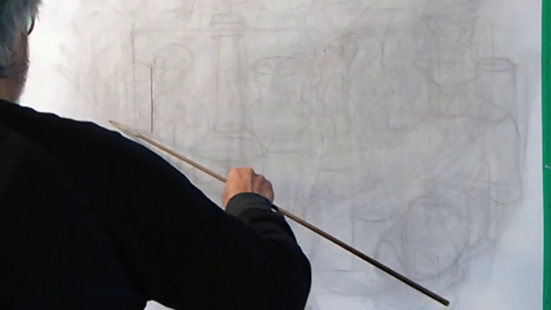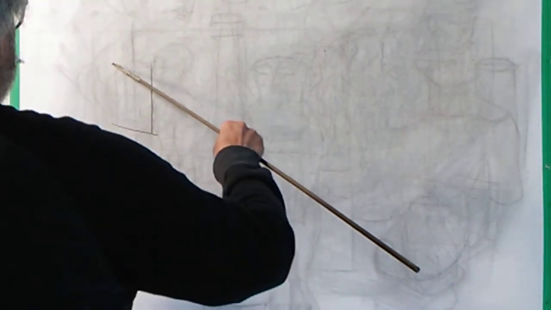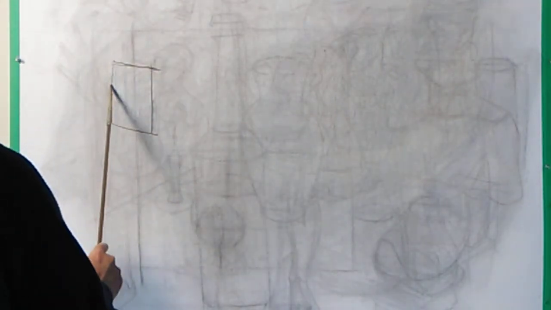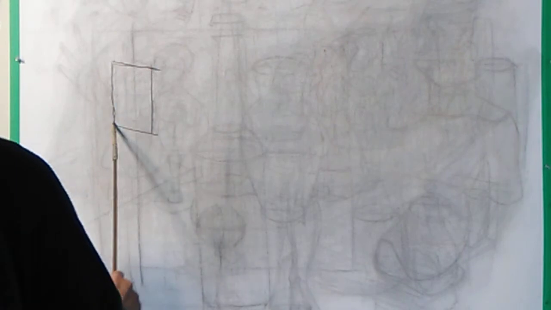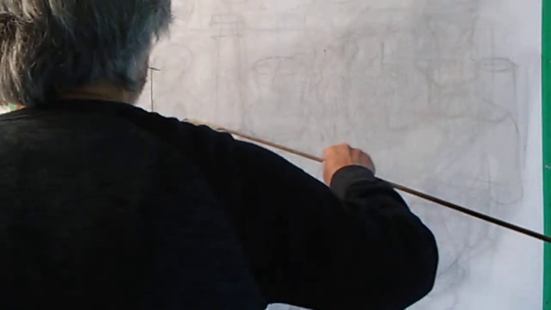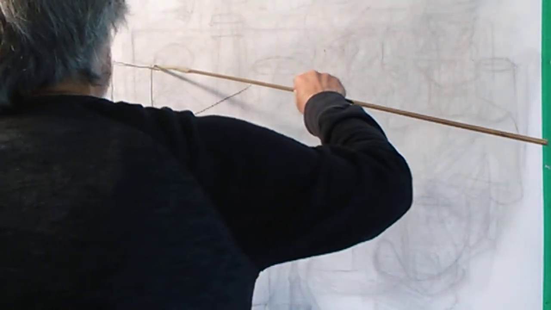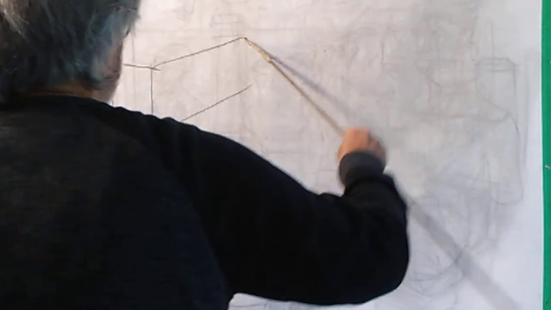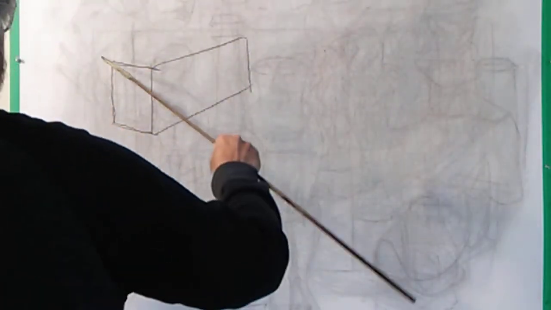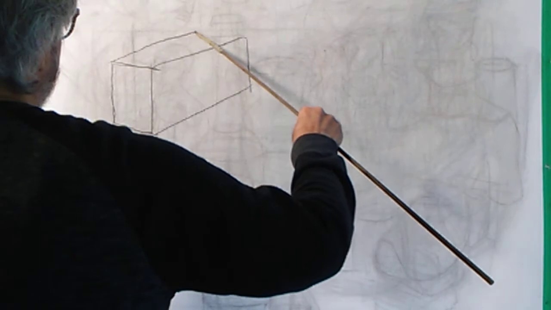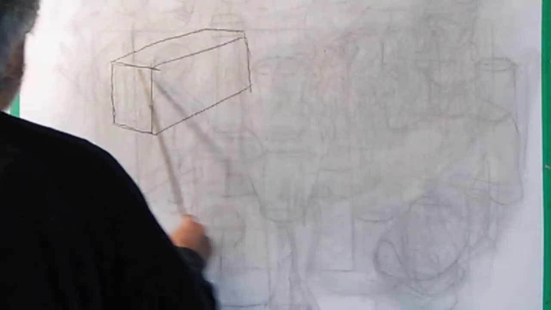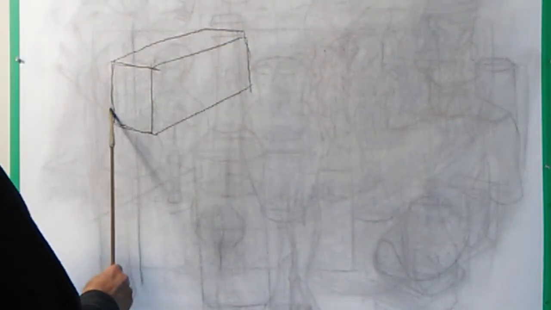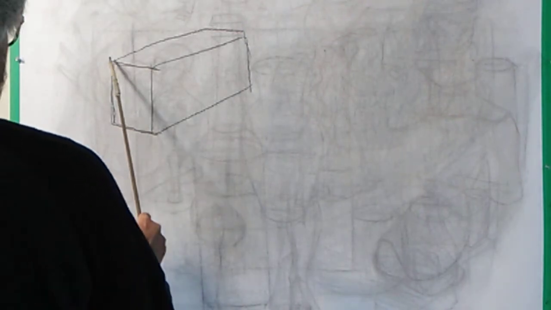And then I'm going to bring back my angle, and we're going to construct the side of the box as it's going back in space. So anyways, we're going to think of it as a rectangular surface, okay?